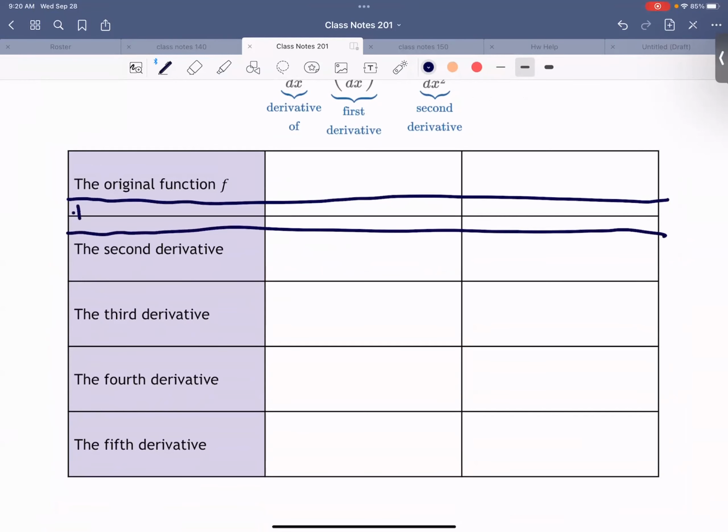I have what I'm going to call the derivative of f. So we have an extra little row there that I forgot to put on there. Let's talk about notation and words that we use to describe these functions. My original function, of course, is f of x. The derivative we called f prime of x, or dy over dx.